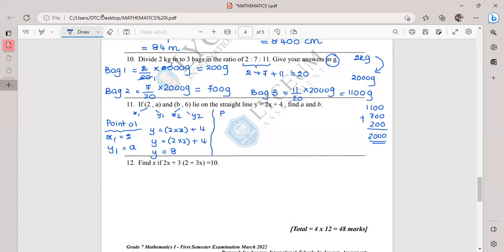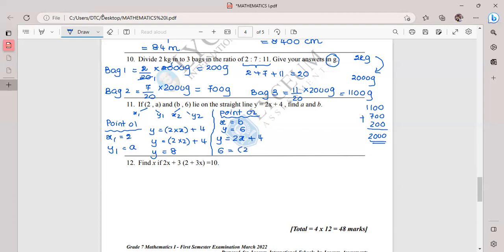Thereafter, I write point 2. Point 2, what happened, children? What is the x value? We don't know. What is the y value? Y value they have given 6. So then y is equal to 2x plus 4. And I want to keep that 6 I write here.